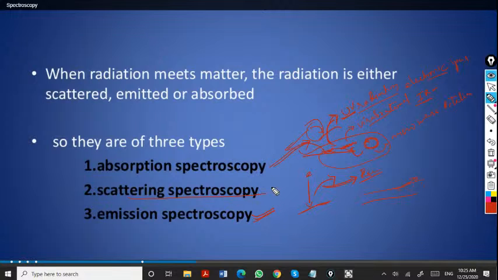When the scattered light is studied under the spectrophotometer, then it is said to be scattering spectroscopy.